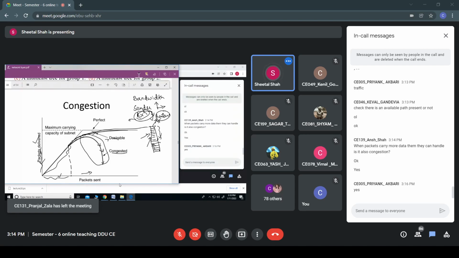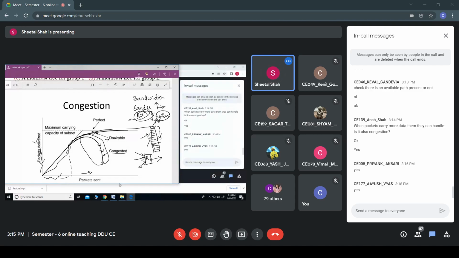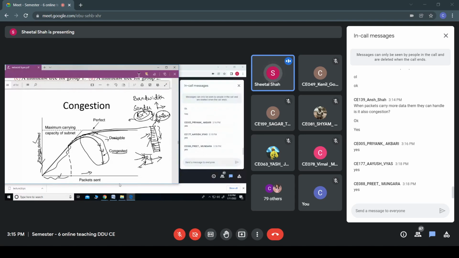Are you getting me? Say suppose this is my router R1 and there are a number of incoming links and all of them are sending the packets and there is one outgoing link. So is there a possibility of congestion here also? If the number of inputs is more and the output is less.